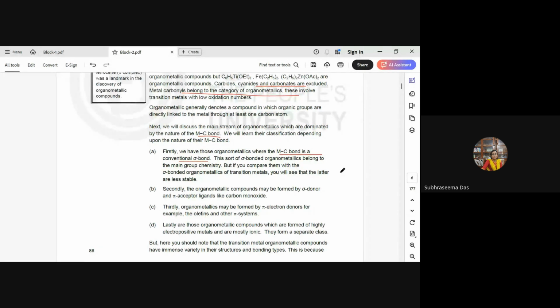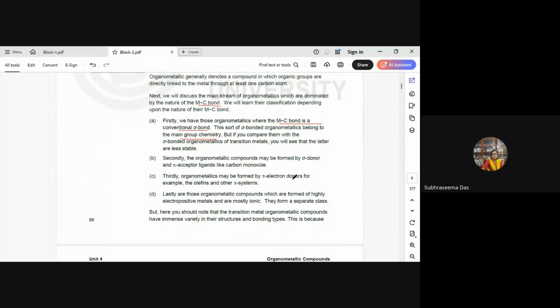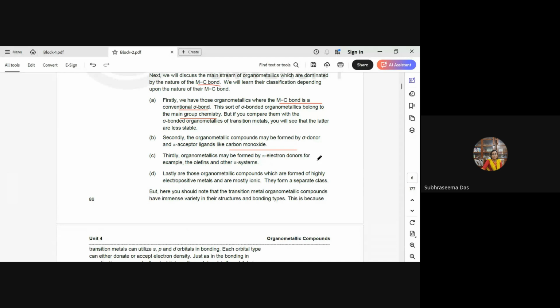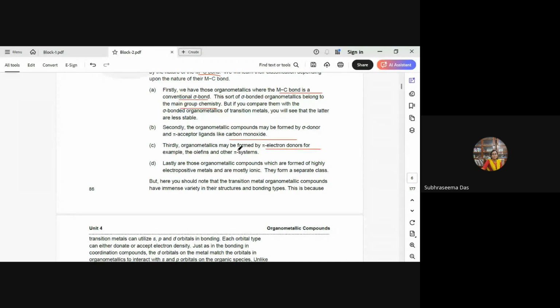This sort of sigma bonded organometallic compound particularly belongs to main group chemistry. Secondly, organometallic compounds may also be formed by sigma donor and pi acceptor ligands like carbon monoxide. Thirdly, they can also be formed by pi electron donors like olefins.